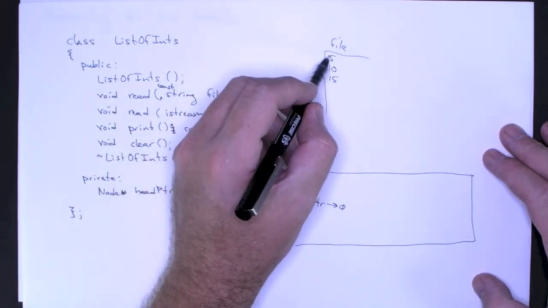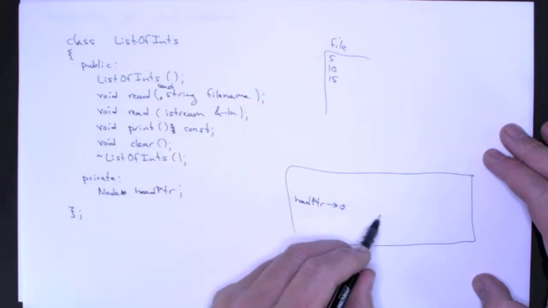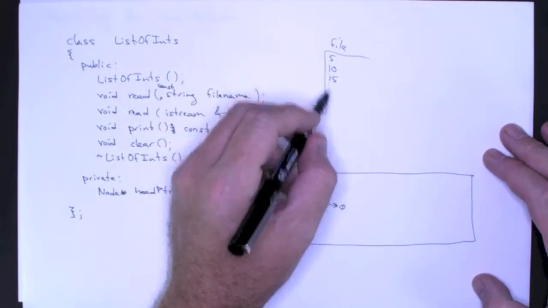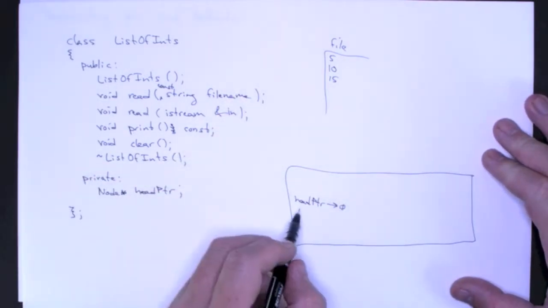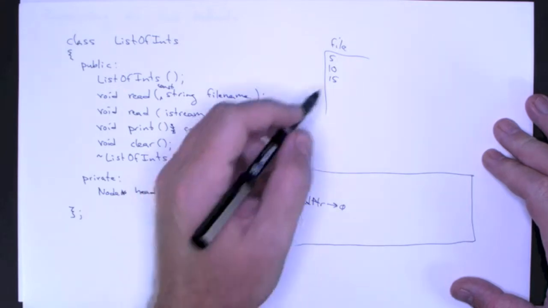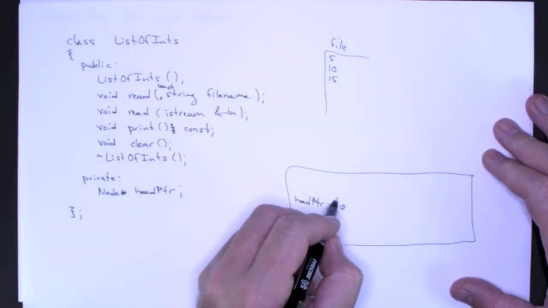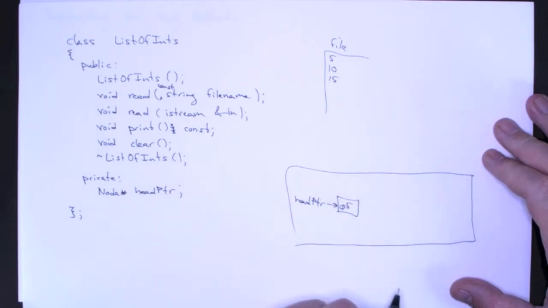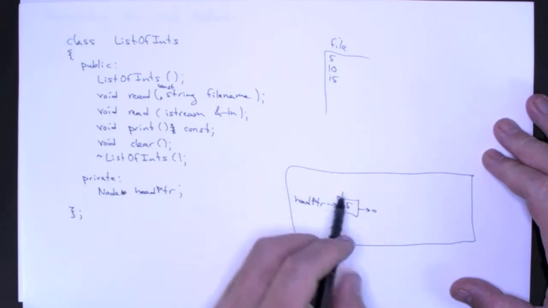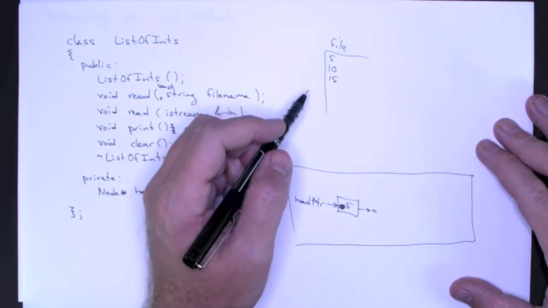The first thing I'm going to do is read out the integer 5, and that should be the first node of the list. 10 should be the second. 15 should be the last. Now I can't change head pointer. Remember that. So I'm going to read out 5, and it will be easy to create a node of 5 and make head pointer point to it. And remember, this happens because of the default constructor of the node class.